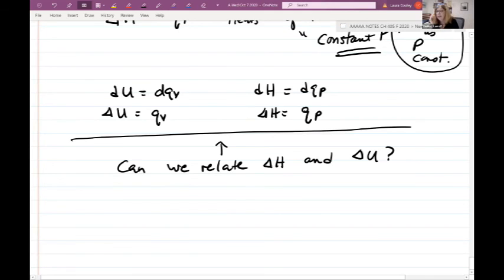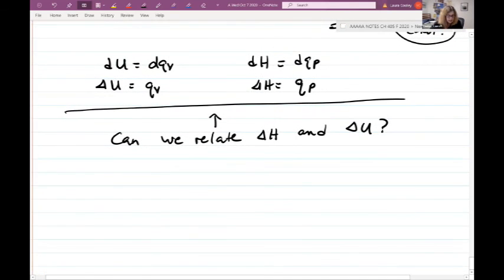Because I think delta U, you have a pretty good understanding, at least of where that's coming from. It's the sum of all the different energies in the sample, but delta H, not so clear.